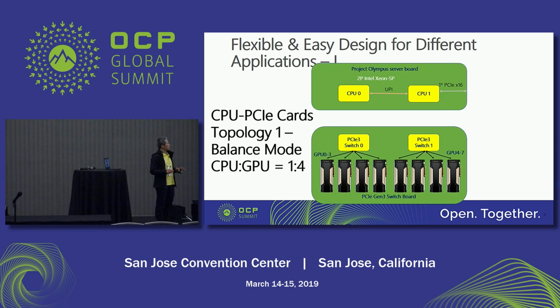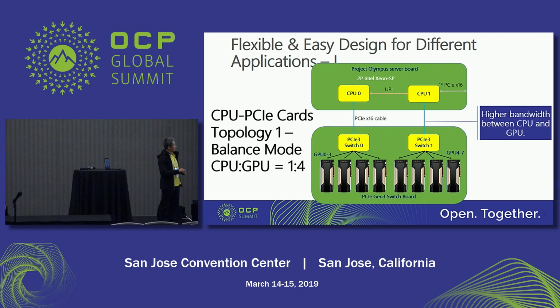The way we achieve that is we use the two-socket motherboard here, and our switch board design is like this: 2 switch ICs each connect to 4 GPU cards separately, with the link of the cable from one CPU to one switch IC directly, so that one CPU can connect to up to 4 GPU cards directly.